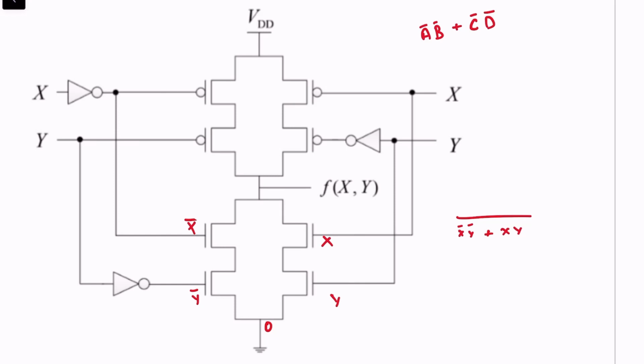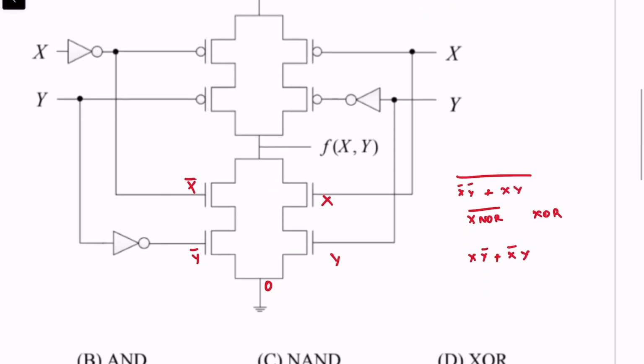What's underneath the over bar is the XNOR expression. So we know the expression XNOR the whole bar is equal to XOR. So this is going to be XY bar plus X bar Y.